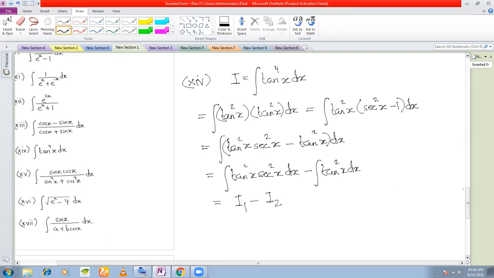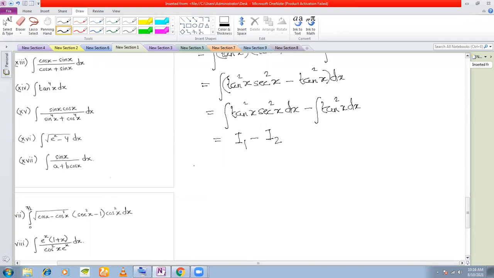We are going to evaluate these two separately, where I1 is equal to integral tan square x sec square x dx. Now how to evaluate this integral? Let t is equal to tan x. That means you get dt is equal to sec square x dx.